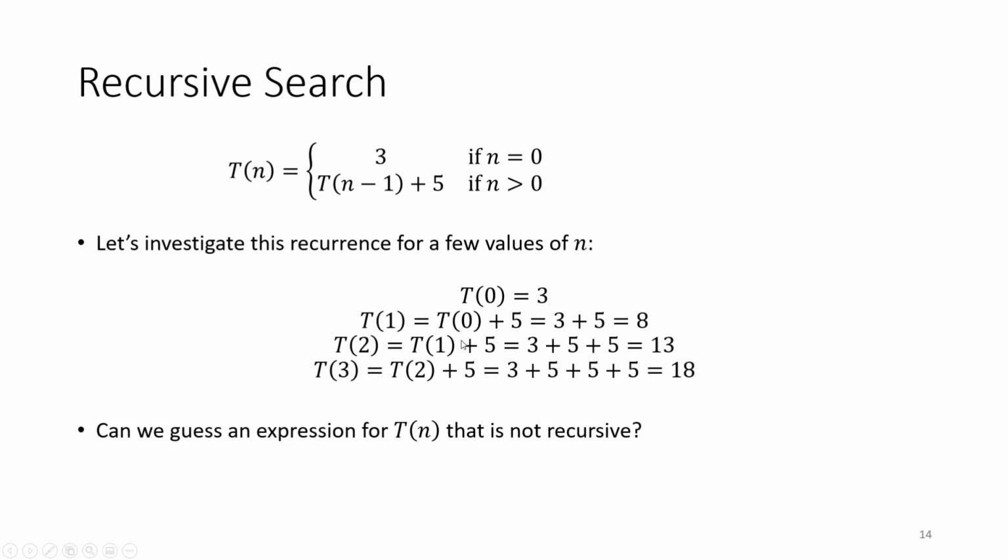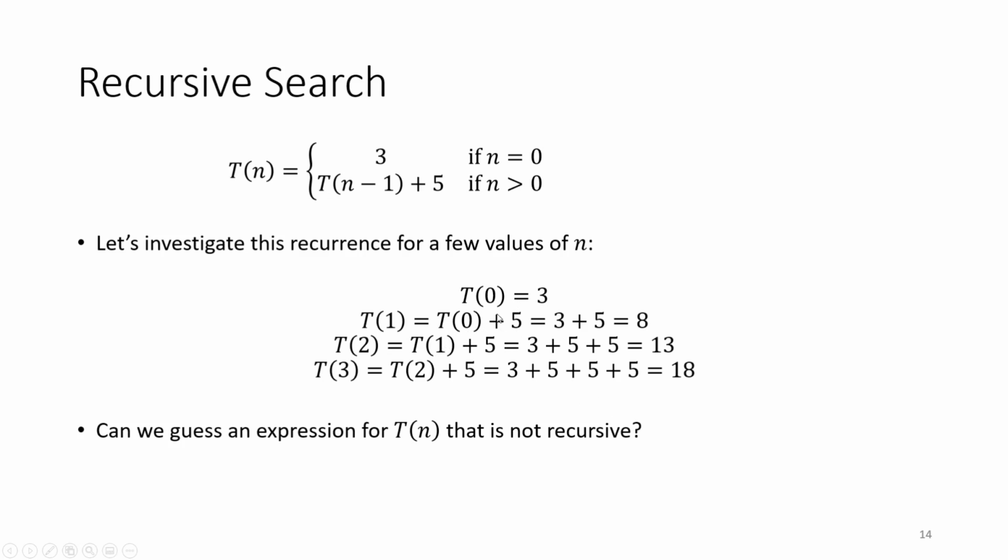That is, when t was 1, we had 1 copy of 5. And when t was 2, we had 2 copies of 5. And when it was t of 3, we had 3 copies of 5. So the number inside our argument, which is our n technically, is going to determine how many copies of 5 we get.